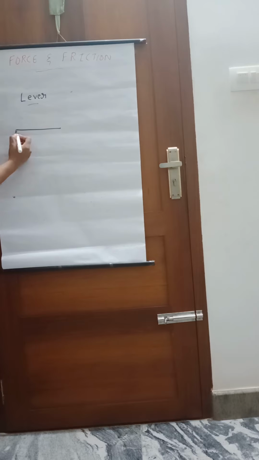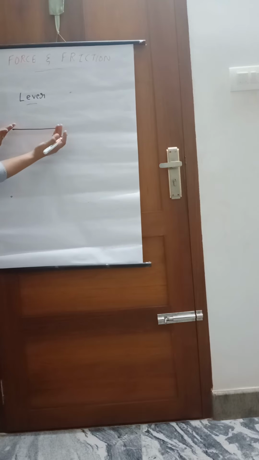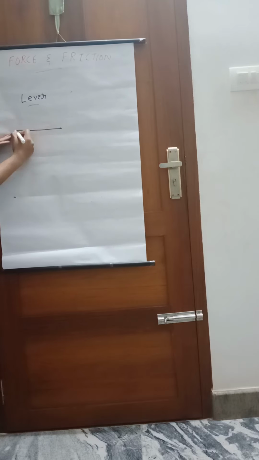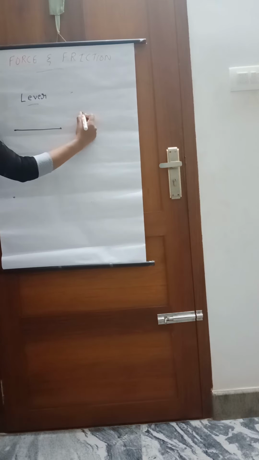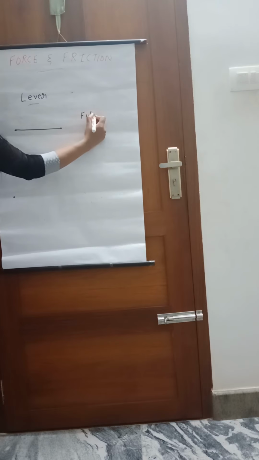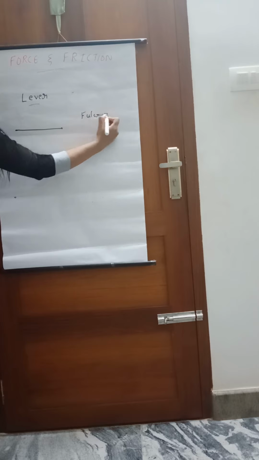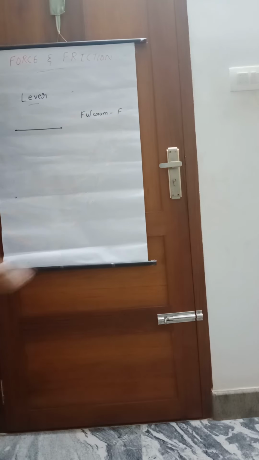So it can be rotated at this point or this point or this point or any point in between the two ends, or it can be at the two ends also. And this fixed point at which it can be rotated is known as fulcrum. It will be represented using capital letter F.